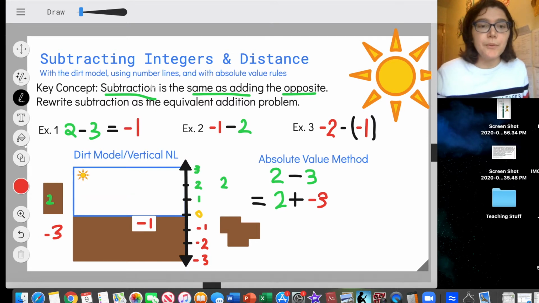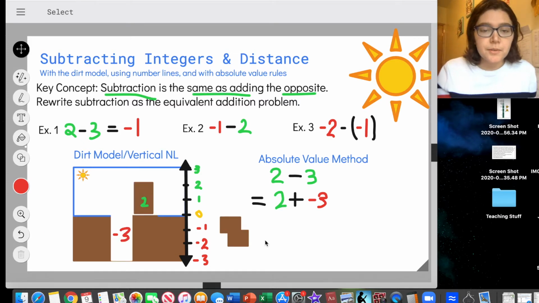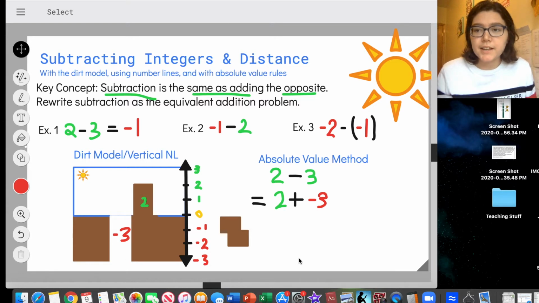Now let's talk about why that's the same as 2 plus negative 3. Let's talk about my components here. When I have 2 plus negative 3, that's again a pile of dirt that's 2 units high, and then negative 3 is a hole in the ground that's 3 units deep. So it goes down here to negative 3. When I have addition, that means I'm combining the two things.